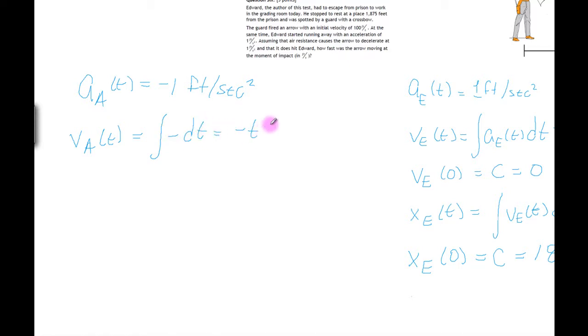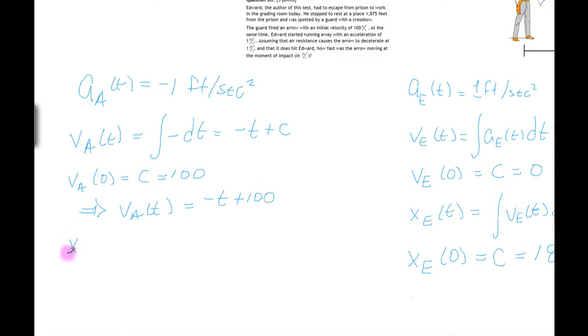So it's minus t plus a constant. Now the initial condition for the velocity of the arrow is 100 feet per second. So the velocity of the arrow is minus t plus 100.